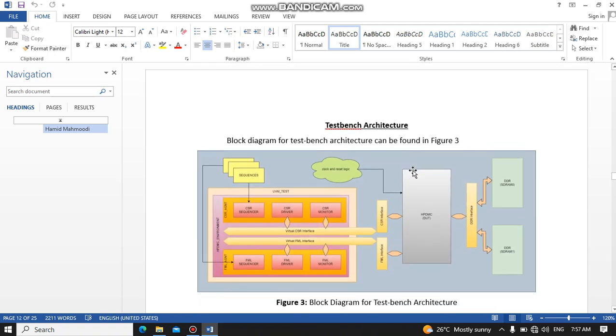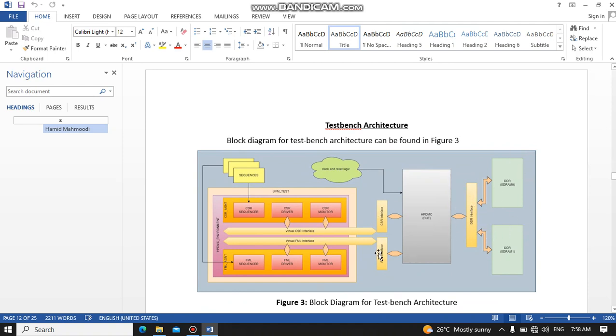So how are we doing the verification? As we can see in the testbench architecture, our verification strategy states that we have instantiated our design and connected it to DDR SDRAMs via the DDR interface.